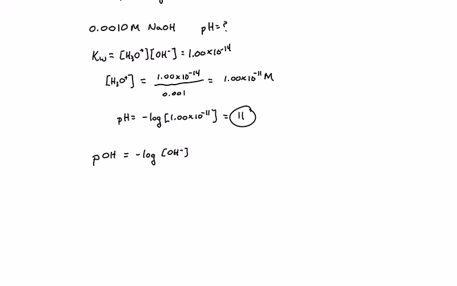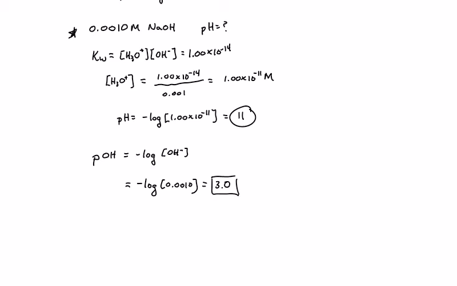Okay, and if you look at the previous example that we just did here, we can do the calculation and plug in the concentration of hydroxide directly. And what we wind up with is a pOH equal to 3.